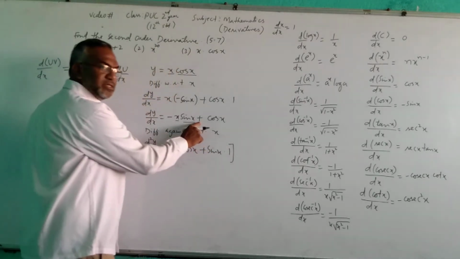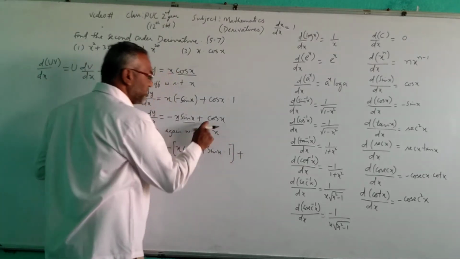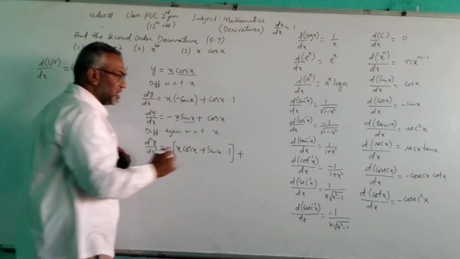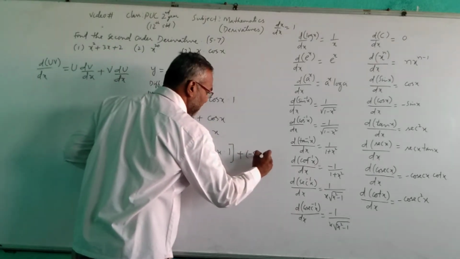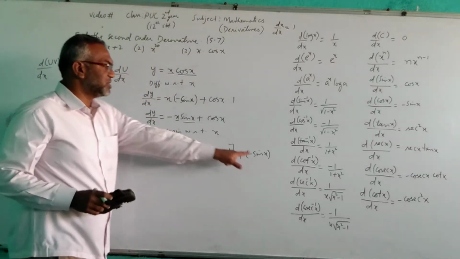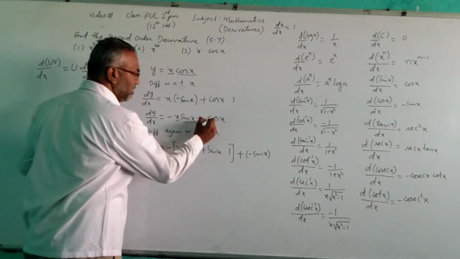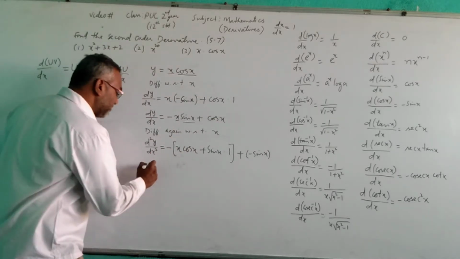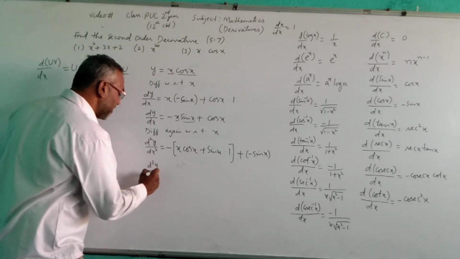Then plus this plus sign, differentiation of cos x is minus sin x. So differentiation of cos x is also over, right? Now let's simplify and see what happens.